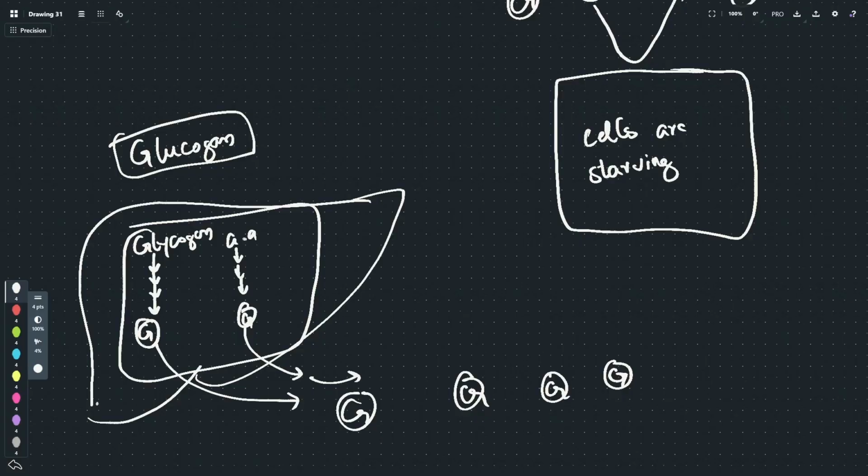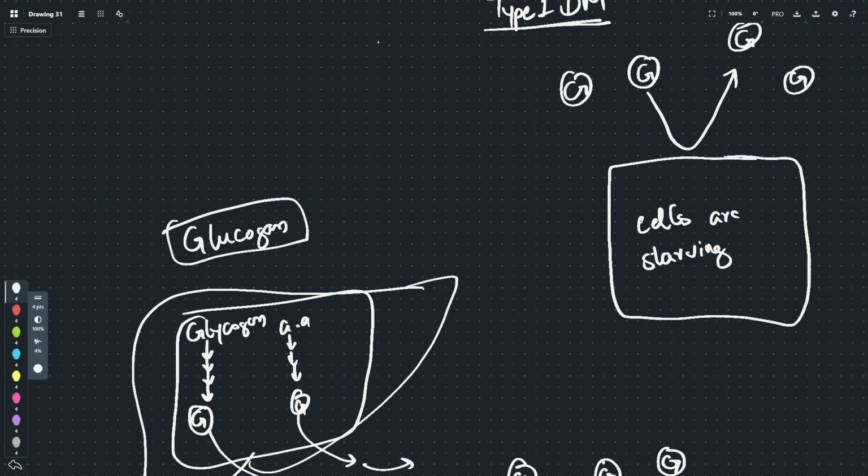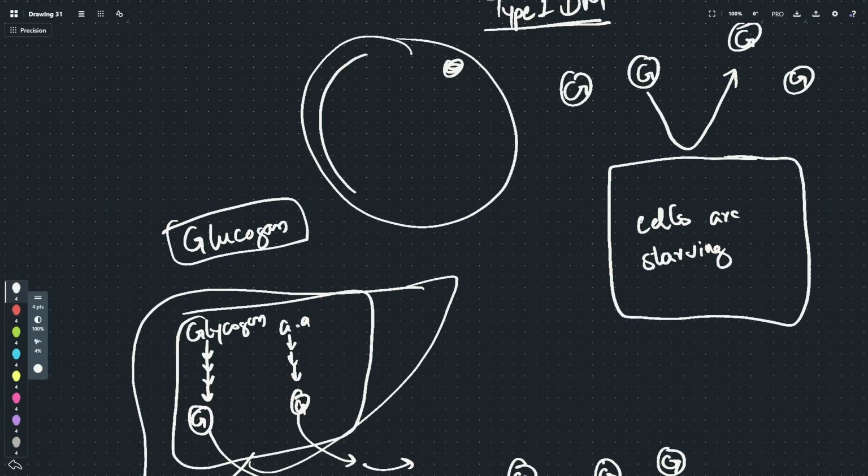So again, more glucose will be there, but because insulin is not there, cells will continue to starve. Now the real problem starts with the adipose tissue. Adipose tissue is full of triacylglycerols, or triglycerides. A triacylglycerol contains a glycerol molecule as the central backbone and three fatty acids.